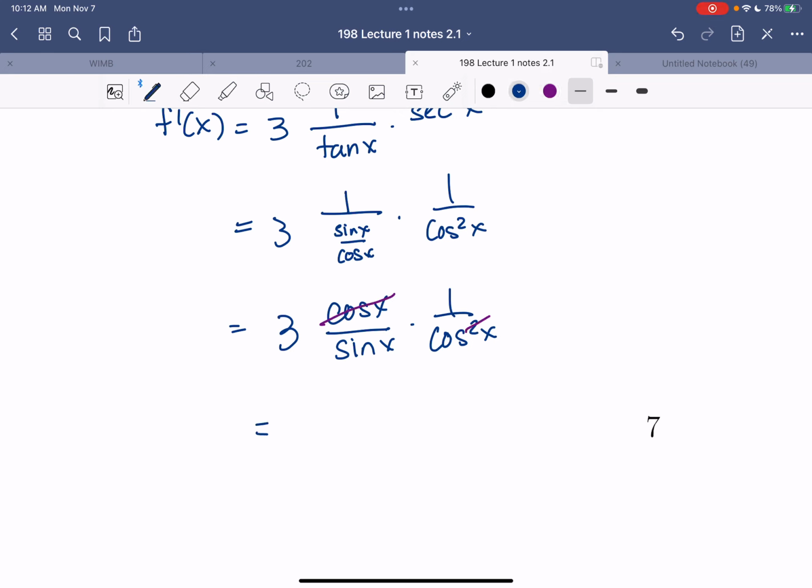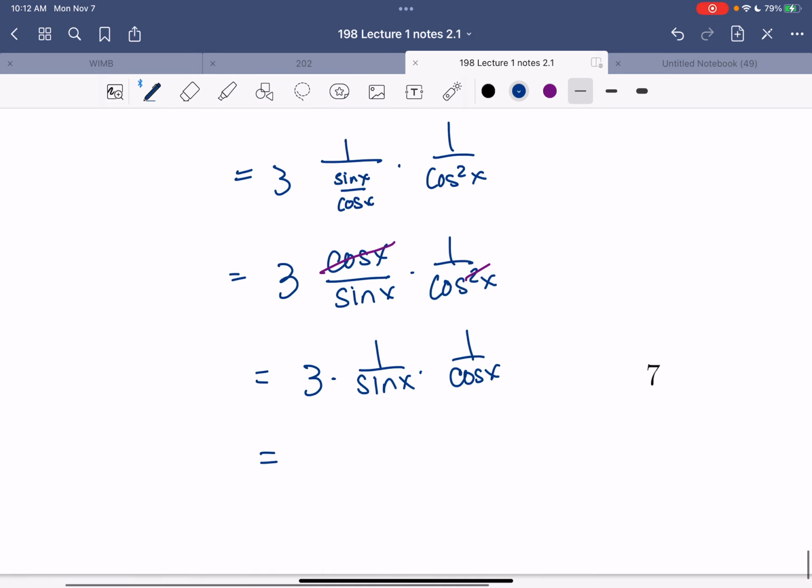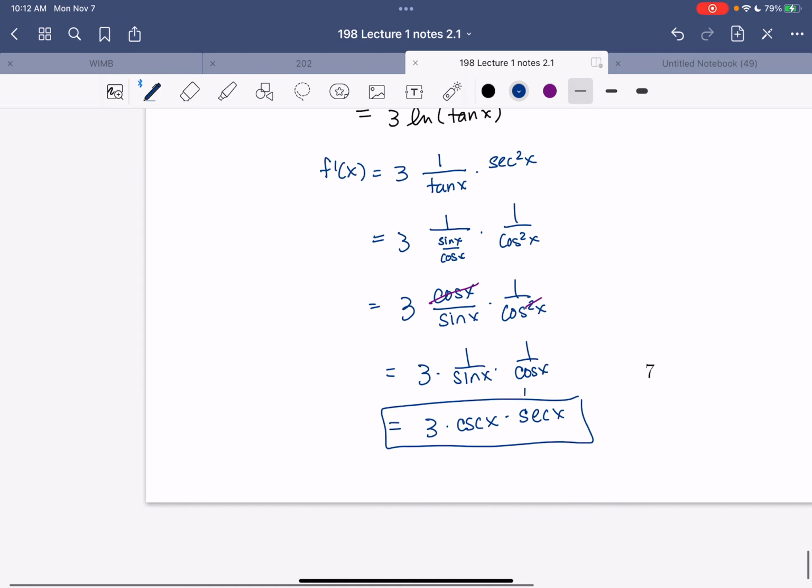And that's going to leave me with 3 times 1 over sine x times 1 over cosine x. And this is 3 times 1 over sine is cosecant, and 1 over cosine is secant. And that's my final answer.